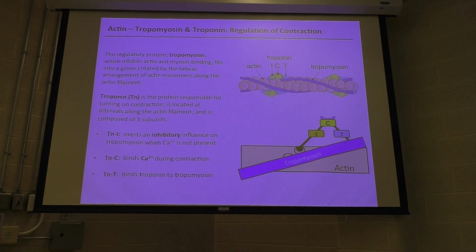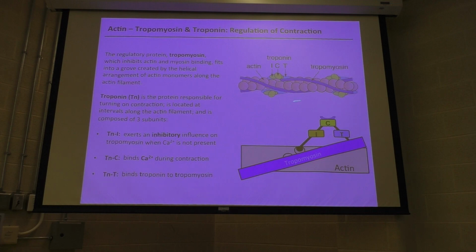So how does this regulation work? The tropomyosin filament follows the alpha helix structure of the actin filament, and on top of it there's a troponin complex which is docked. The troponin complex has three parts. You have troponin I, which inhibits the interaction between myosin and actin when there's no calcium present.